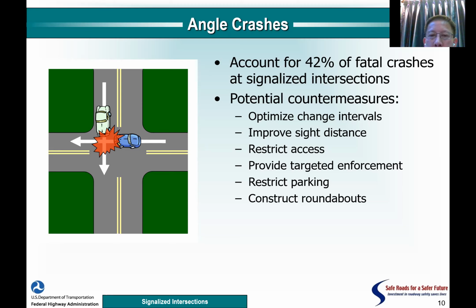Secondly, improve sight distance. This is the easiest one. Make sure that everyone can see well. Restricted access. Like I mentioned from the graphic earlier, there shouldn't be an access very close to the signal. Provide targeted enforcement. If you learn that this intersection has a lot of red light violations, then a red light camera may be put in place.